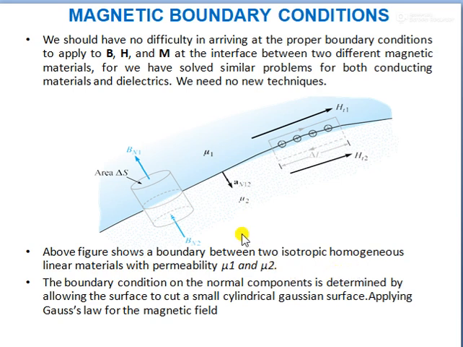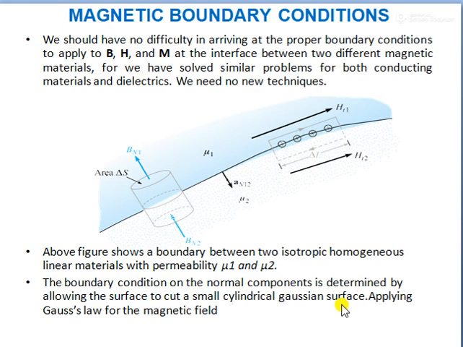Now to determine the boundary conditions, let us use the closed path and a Gaussian surface. First, as I told, the vectors are resolved into two components. First we will see the boundary condition on the normal components, which is determined by allowing the surface to cut a small cylindrical Gaussian surface.